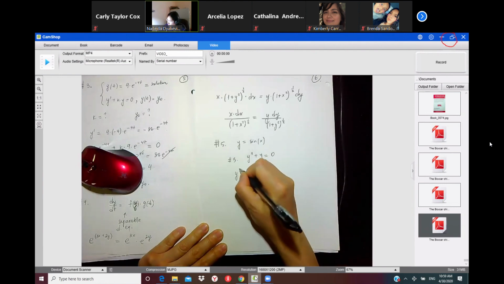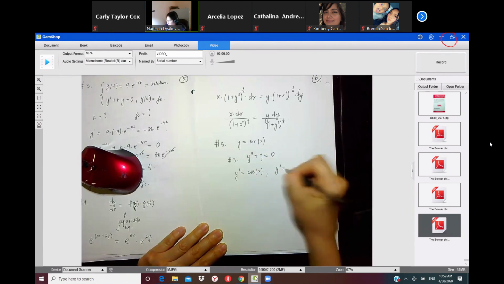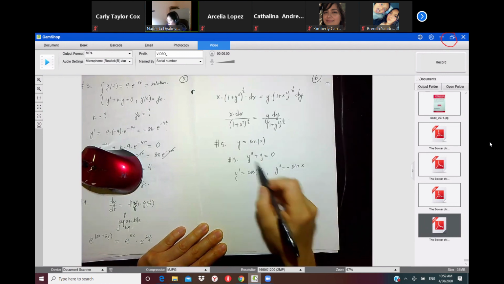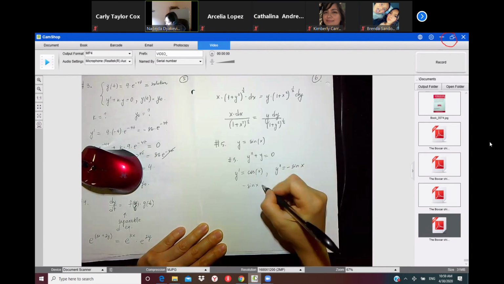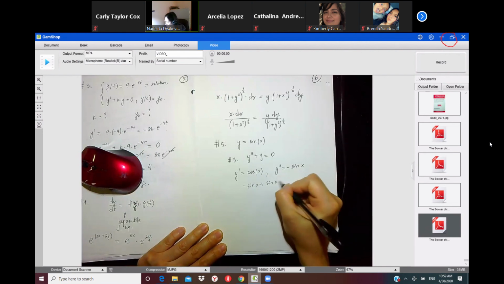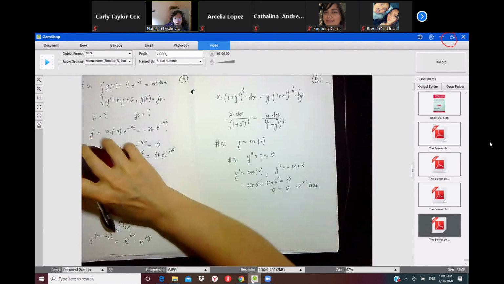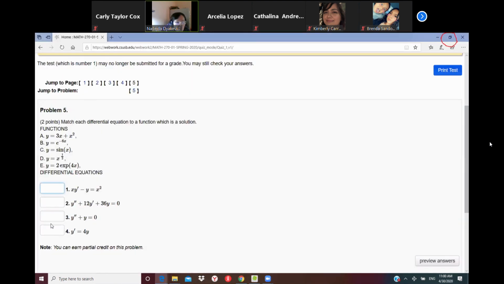Let me see, y prime is cosine, right? And y double prime is negative sine. So yeah, if I plug in y double prime and plug in y here, everything cancels out and we have a true statement. So yes, I'm ready to put, over here, I'm going to put C, over here, C.